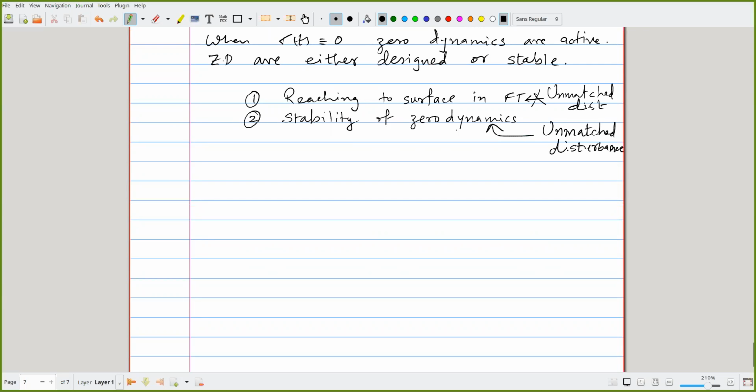That means all the states will not be able to go to zero asymptotically in the zero dynamics. Some of the states will remain just bounded because the unmatched disturbance is assumed to be bounded. So if this disturbance is bounded, then those states will have to follow that disturbance.